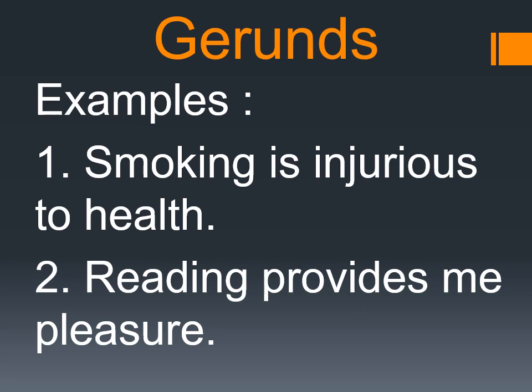Here this is the ing form of the verb which is used as a noun. When the ing form of the verb is used as an adjective, that becomes a participle, and when the ing form of the verb is used as a noun, that becomes a gerund. Similarly, reading provides me pleasure. So here reading has been used as a noun. So this will be a gerund.